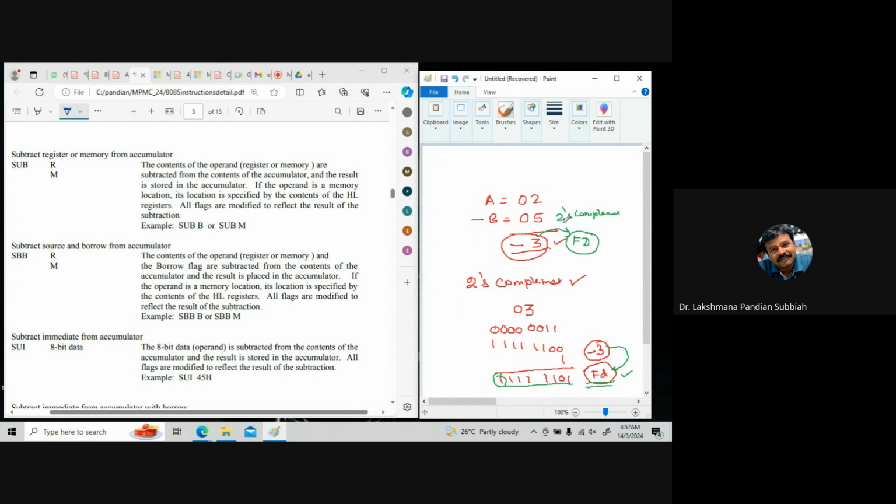This is the 2's complement of a negative number, right? So next, the next instruction is what we call subtract with borrow. Borrow is with the previous one. Suppose you see this one, I told you: subtract with borrow, right? We have a 16-bit number, meaning the first two digits and the next two digits.